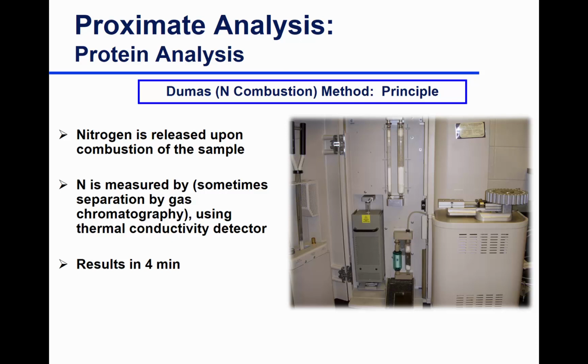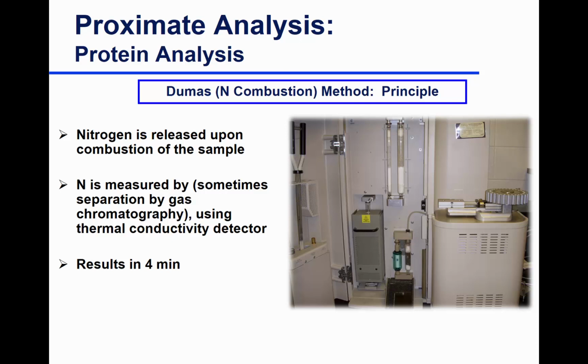Helium is your carrier gas, and it floats onto your thermal conductivity cell, where the change in conductivity is converted to the concentration of nitrogen. Because it will be measuring conductivity when only helium is passing, and when nitrogen passes, you have a change in conductivity, and then the software converts that into concentration of nitrogen.